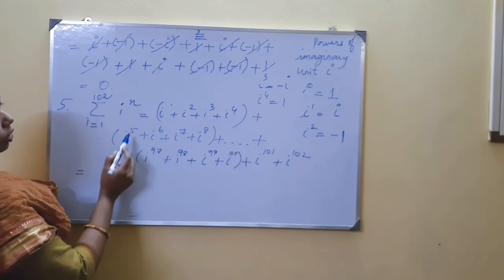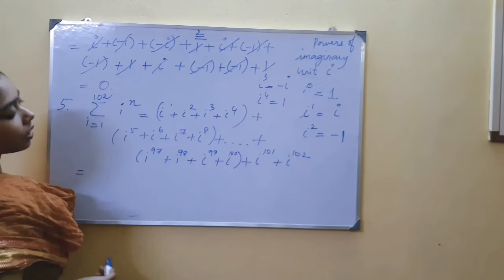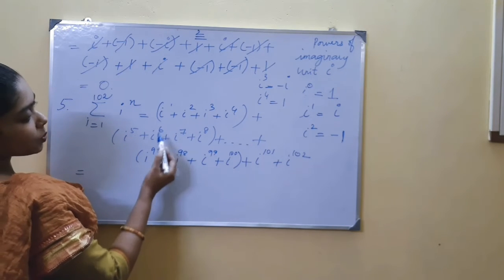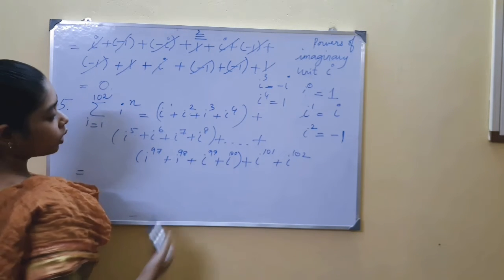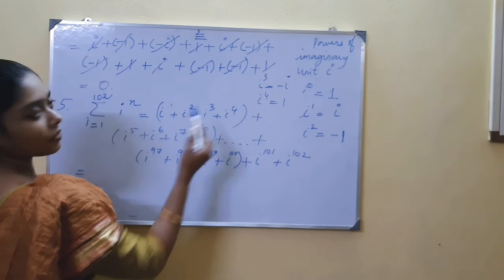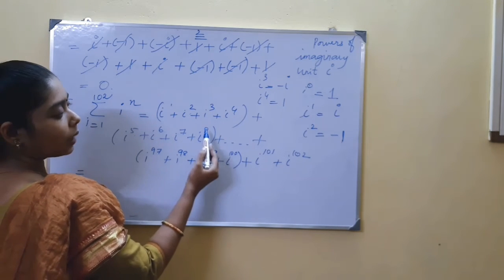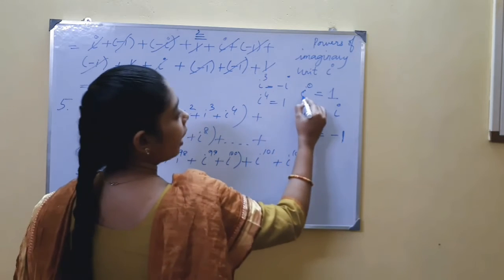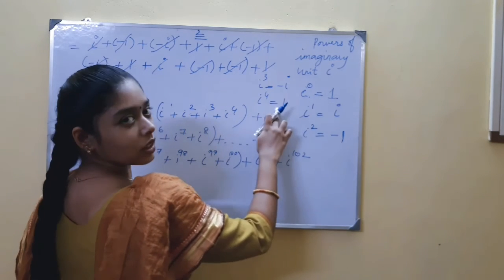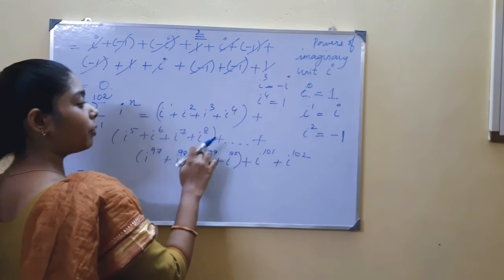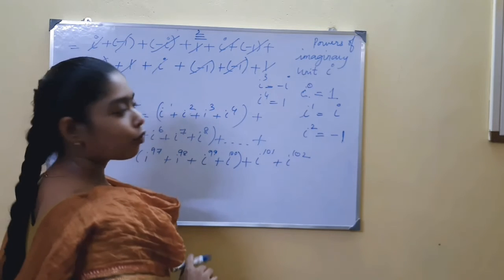Why? Because i to the power 5 gives you i, i to the power 6 gives you i squared, i to the power 7 gives you i cubed, and i to the power 8 gives you i to the power 0. i to the power 0 value is 1, and i to the power 4 value is also 1. So instead of i to the power 0, you can write i to the power 4 also.